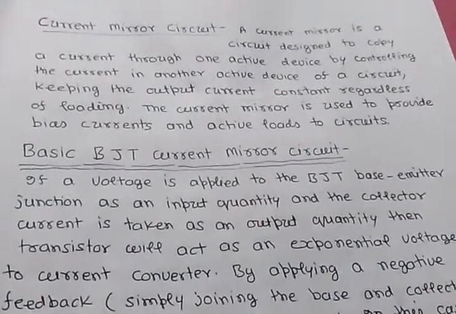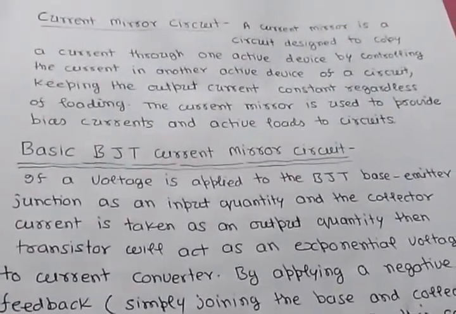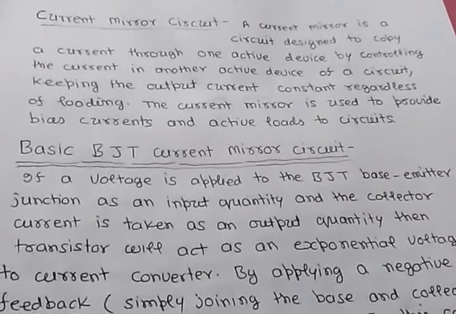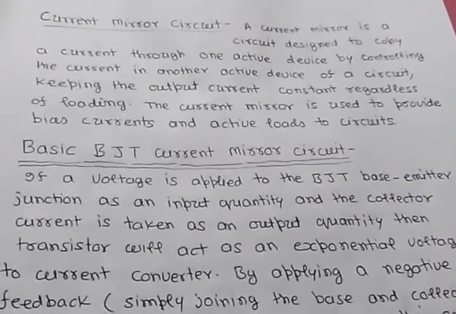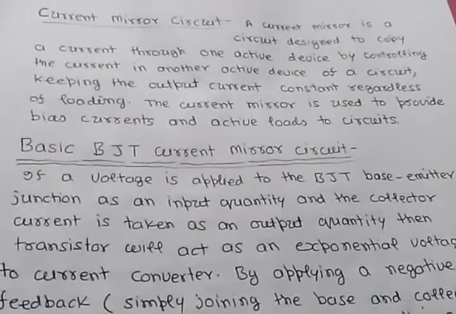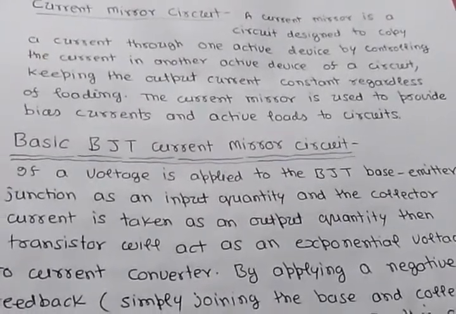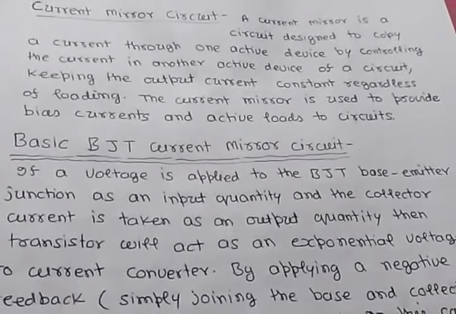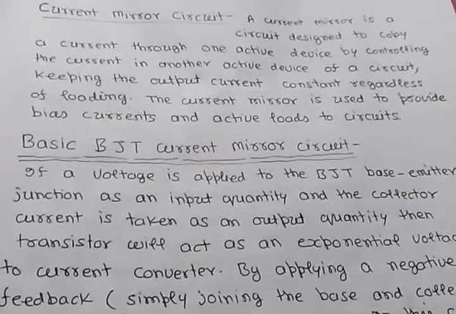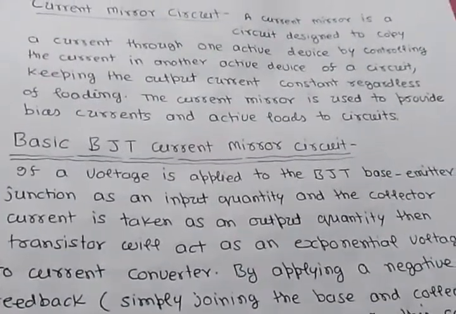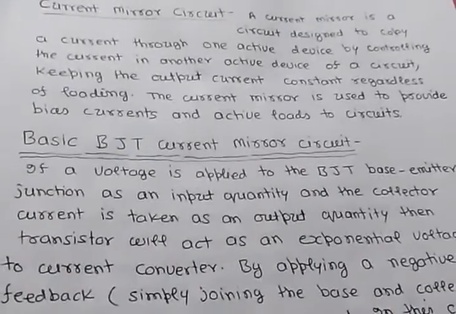The idea behind the current mirror circuit is like this. If we apply a voltage across the base emitter junction of a BJT as an input and we take collector current as output, then this transistor will act as an exponential voltage to current converter.